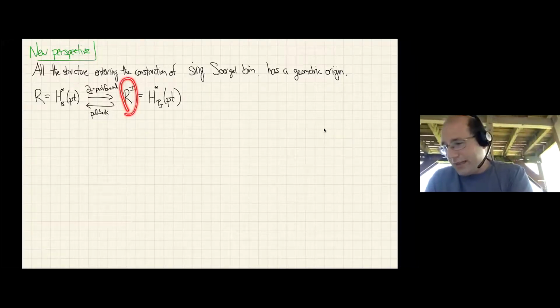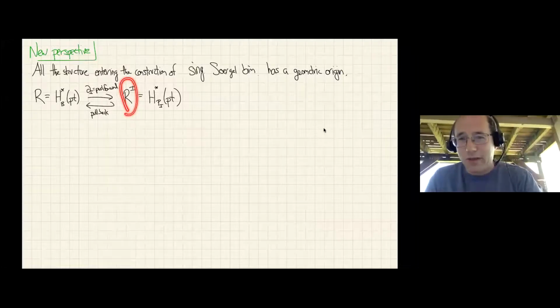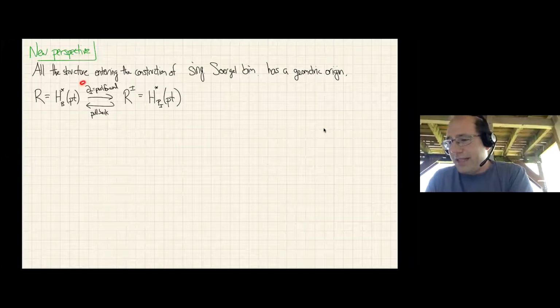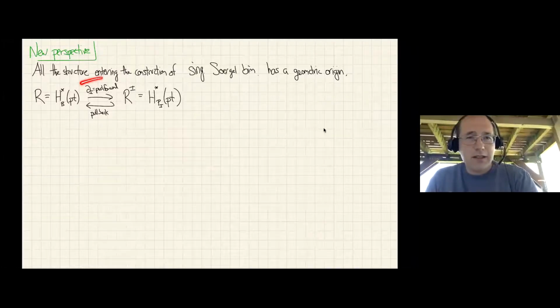The invariant subring is the P-equivariant cohomology of a point for the corresponding parabolic subgroup. This Frobenius map is the pushforward, and the inclusion map is the pullback in cohomology. All this structure can be described geometrically.